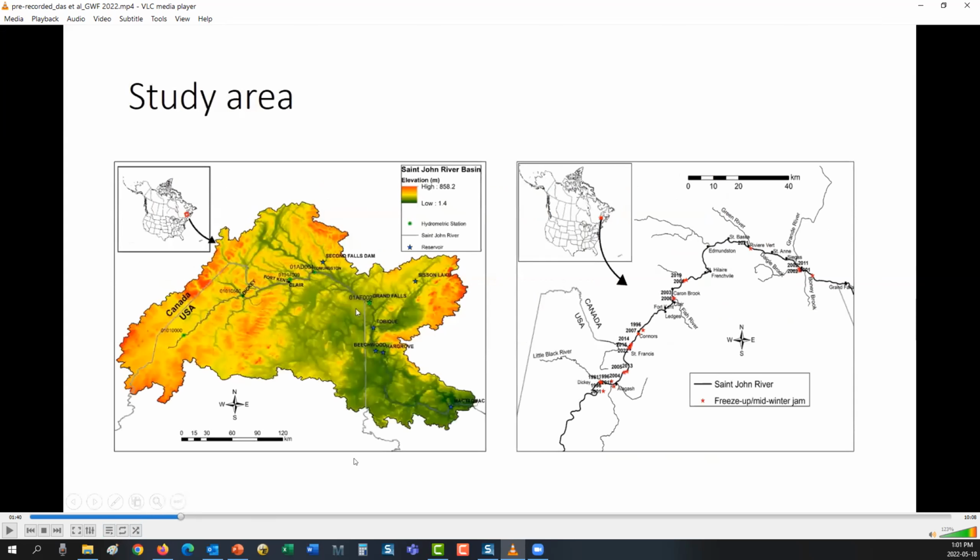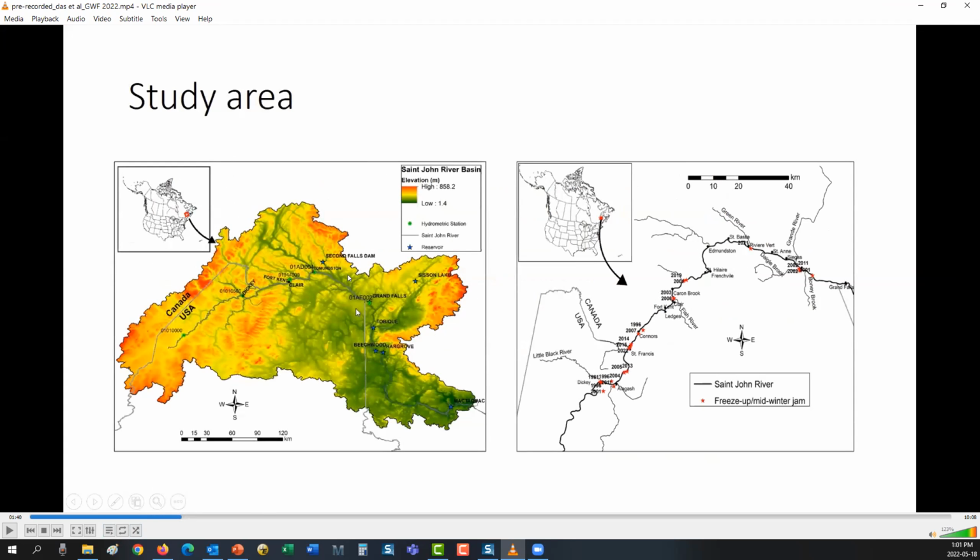So the study area that we're looking at here is the St. John River. The St. John River is actually a regulated river. There's 3 dams here. There's one over here called Mactaquac, and then here is Beechwood, and then there's one over here at Grand Falls.